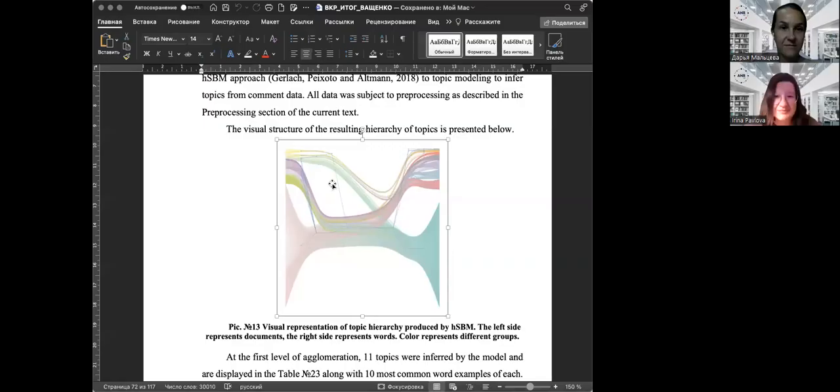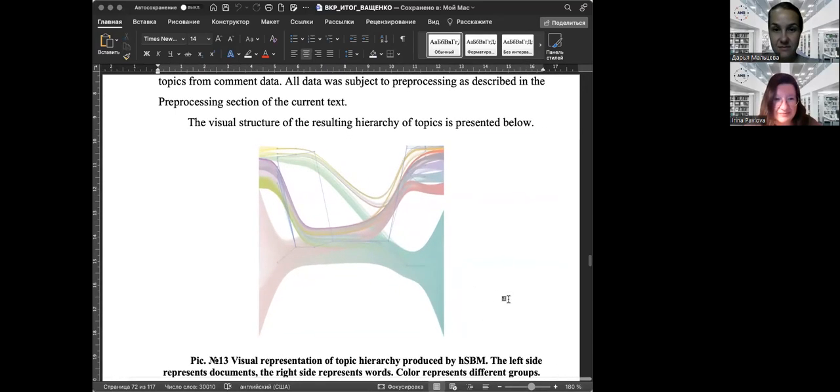But sometimes those are not very insightful. For example, if you have hundreds of topics, you probably wouldn't be able to look through them properly. But here, let's take a look at the graph that we have.